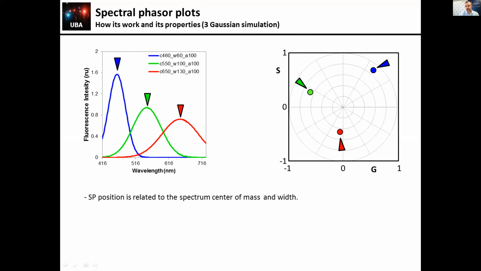And the modulation means that the narrower the spectrum is, the closer toward the perimeter we will be. In other words, the broader, the closer to the center. The next thing to notice is that if we shift from blue to red, we will change the phase starting from this point. So just looking at the phasor, I can immediately tell you that this is bluer than this spectrum.